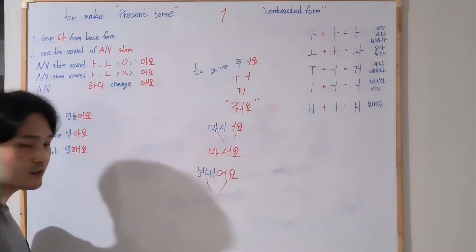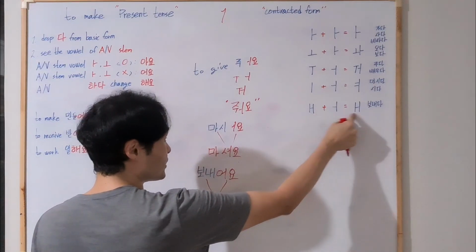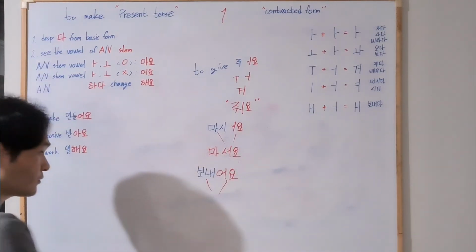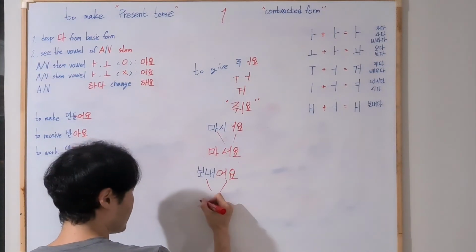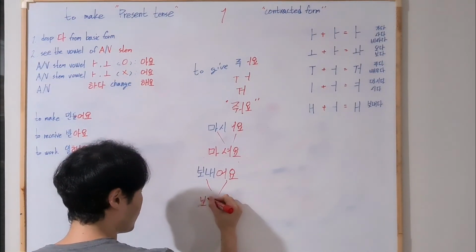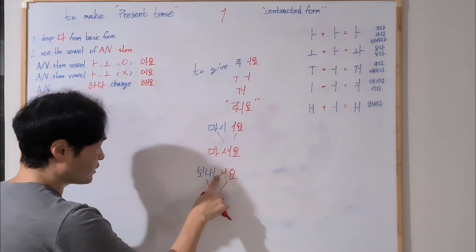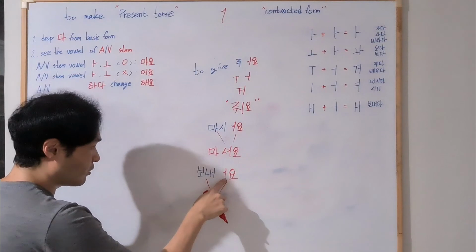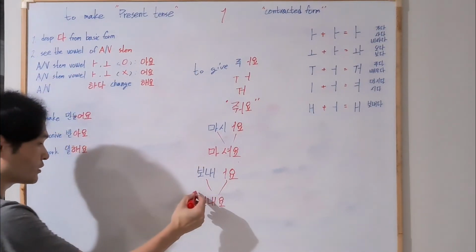In this case, it's not about the sound. It's just a rule: 에, 어 contracted become just 에. So 보내요. The 이응 has no sound. 에, 어 become just 에. Okay, 보내요. Present tense.